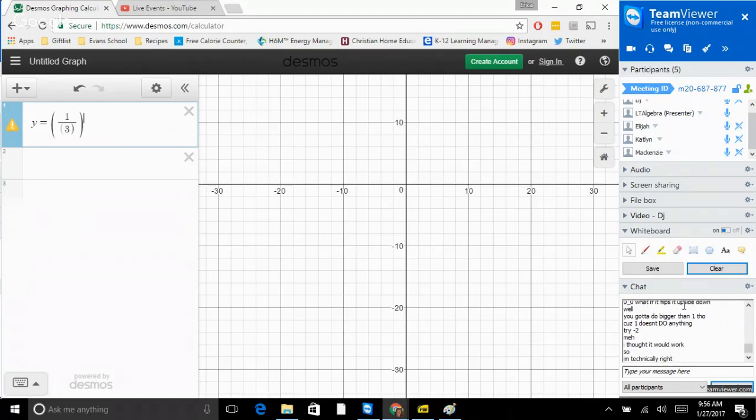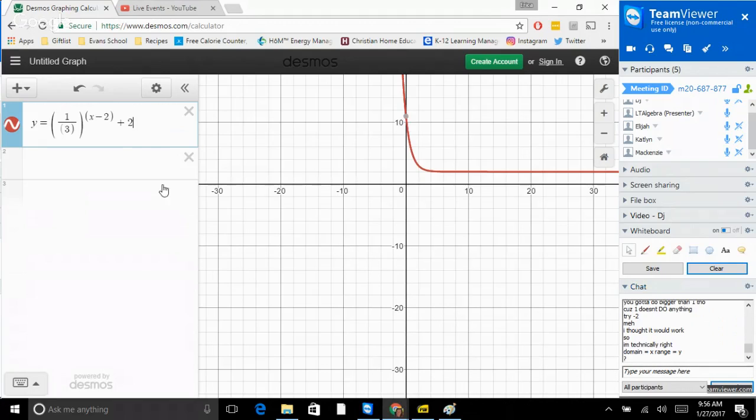I didn't even show you all of the possibilities, right? x minus 2 plus 2. Yes, domain equals x, range equals y.